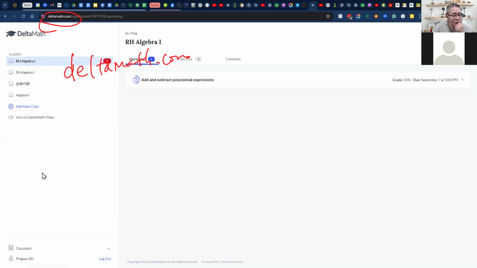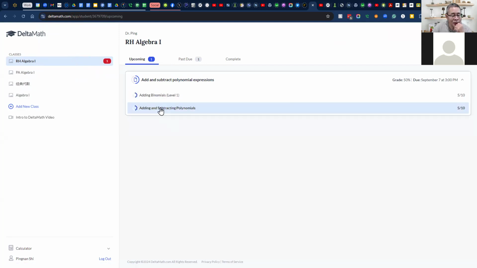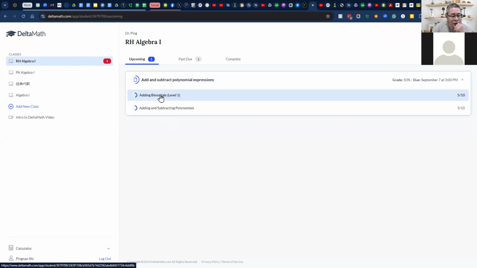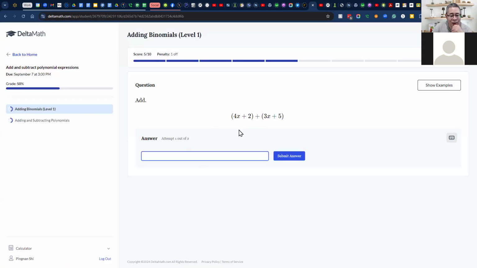I'll just show you one of them. Here, this is the homework. You click on it, and there are two in there, level 1 and level 2. Level 1 is called adding binomials. You click in and you can see the work.